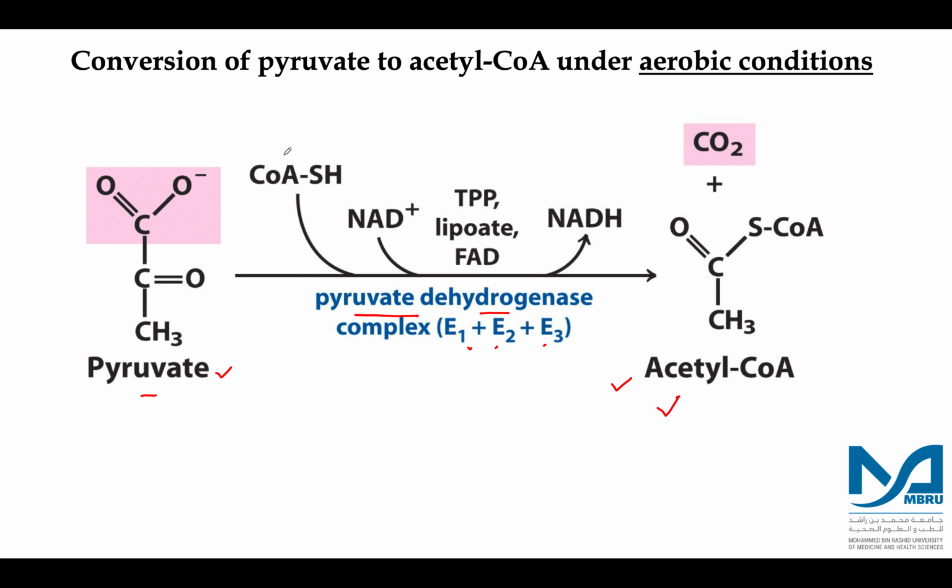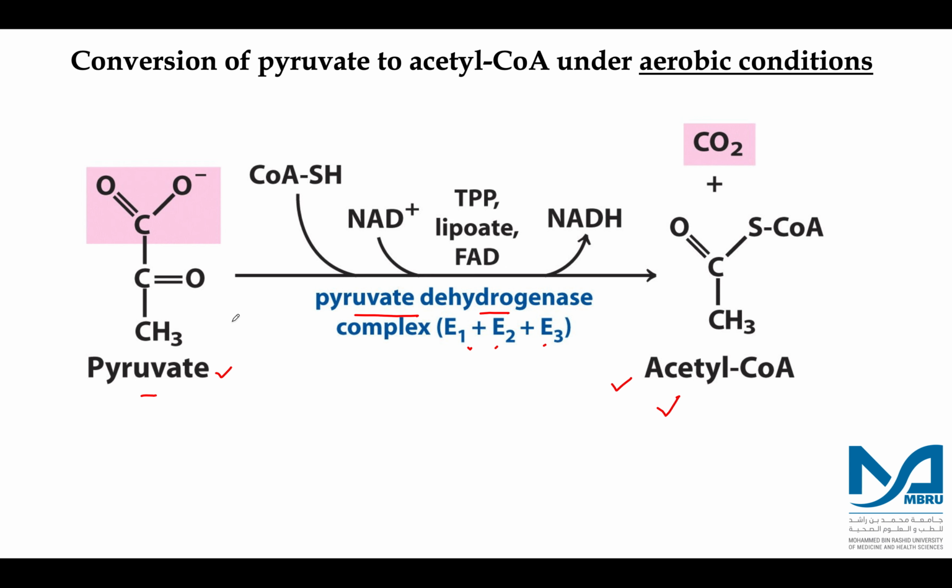So what we can say here is that the pyruvate dehydrogenase complex consists of three enzymes that act as a module, and this modular enzyme requires the presence of several cofactors for their activity.